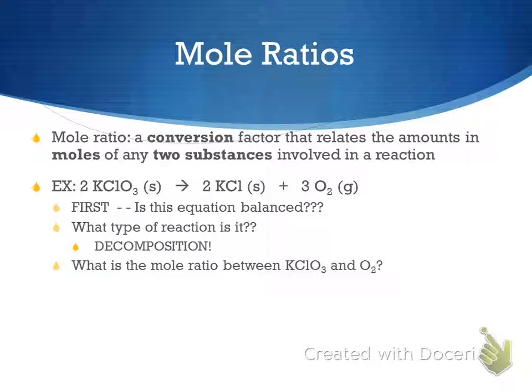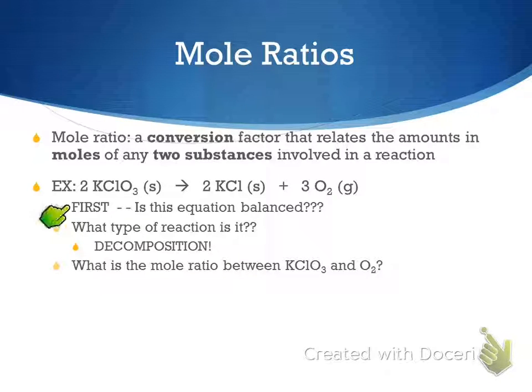Let's look at what is the mole ratio between potassium chlorate and oxygen gas. What's the mole ratio here between these two things? Okay, what do these coefficients in front of our compound tell us? How many single molecules are in this reaction? Or you remember we talked about we can scale it up to a molar quantity.